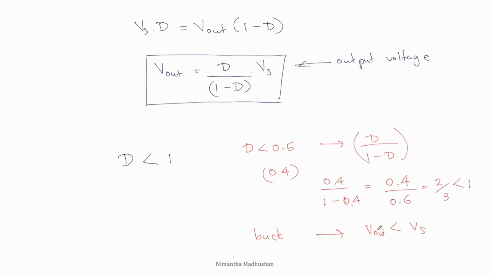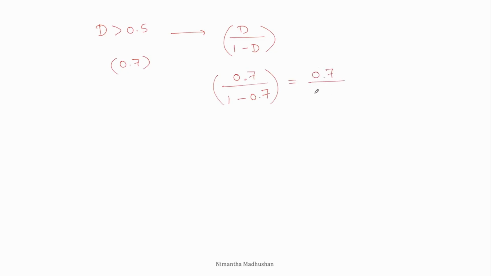Voltage is stepped down. Now we can consider d greater than 0.5, d over (1 minus d). Assume I consider 0.7 as an example. For the numerator 0.7, the denominator 1 minus 0.7 means 0.3.